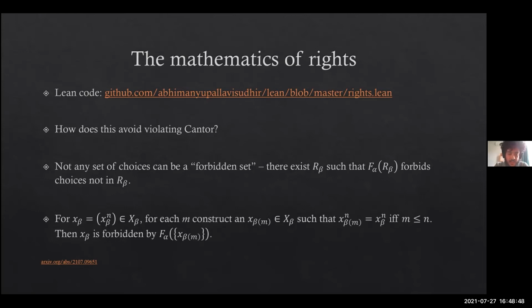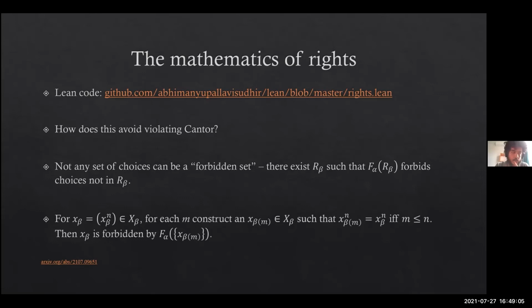So I've constructed an example here of a set of choices of Thrax, such that any choice I make which forbids those choices also forbids a choice that is not contained in that subset of the choice set.